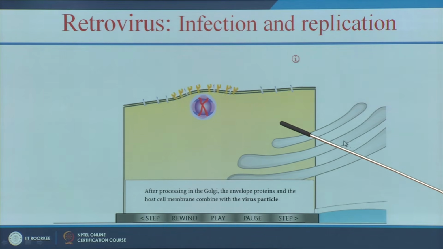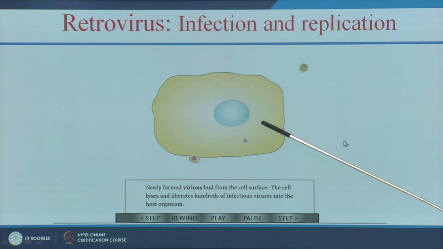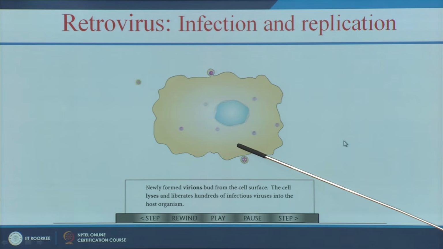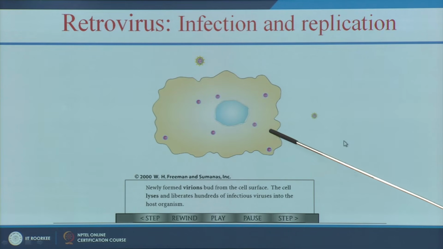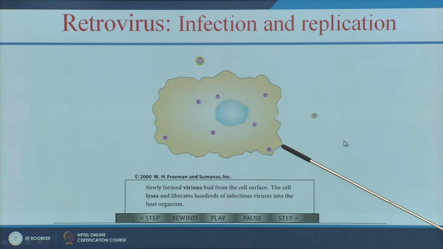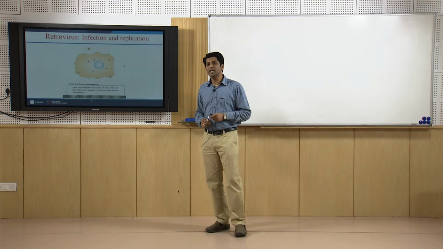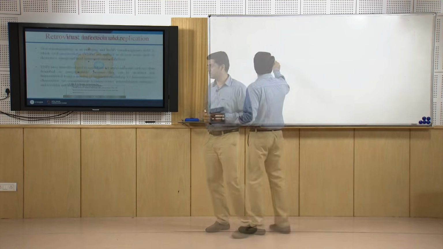So once the synthesis is done, it is packing and releasing the viral materials. So a single virus particle is entering into a cell and it is making millions of copies of the virus, and finally it is destroying the complete cell. So this is a typical viral replication cycle. So from this we can understand which are the components important for viral infection and replication. So let us see how we can use this virus structure for various applications.